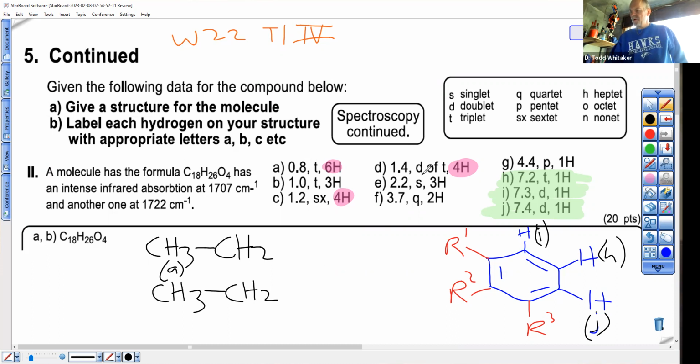Now, if it's doublet of triplet, well, that's not possible here, is it? The minimum you get from 3 neighbors is quartet. Okay? So it could be something of Q, but that's not what it is. There'd be at least a Q in the name.